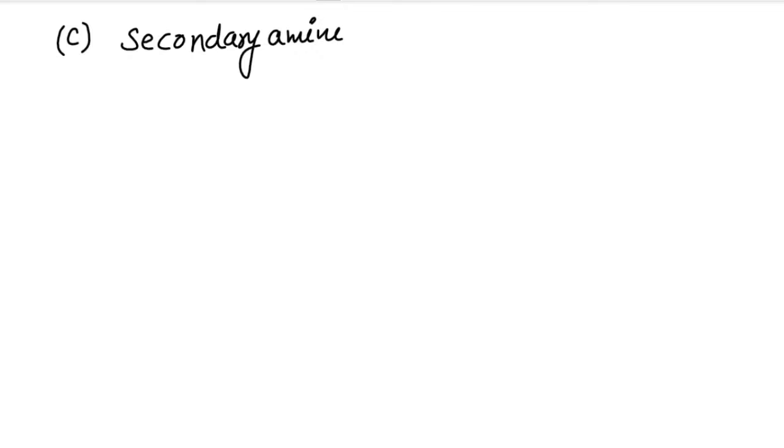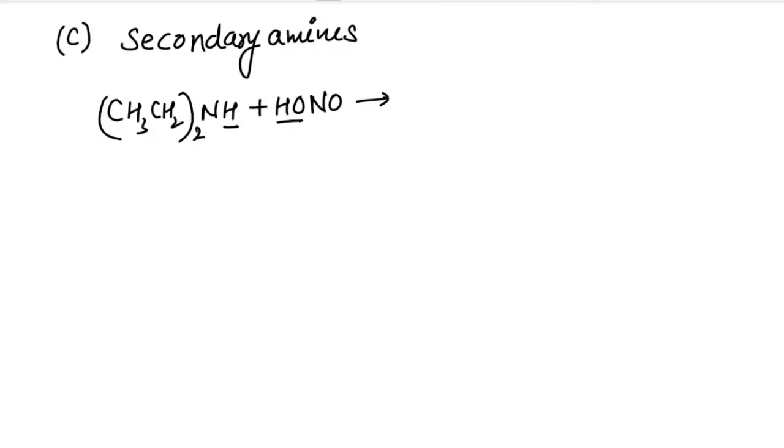Now secondary amines, both aliphatic as well as aromatic, can react with nitrous acid and we get nitrosoamines. And this nitrosoamine formed from secondary amine separates as a yellow oily liquid. This H and OH are removed and we get CH3CH2 twice N, N double bond O, along with water.